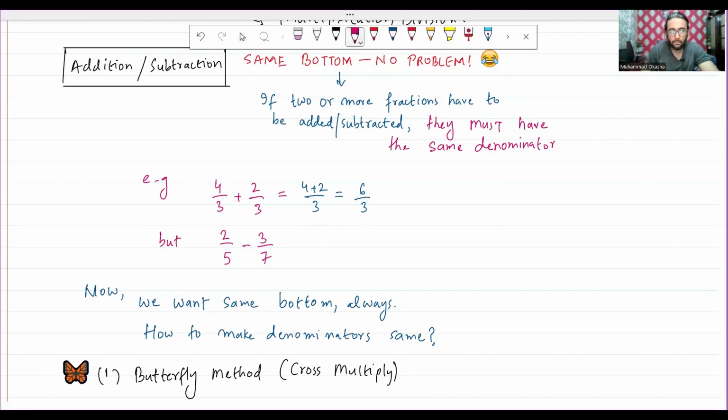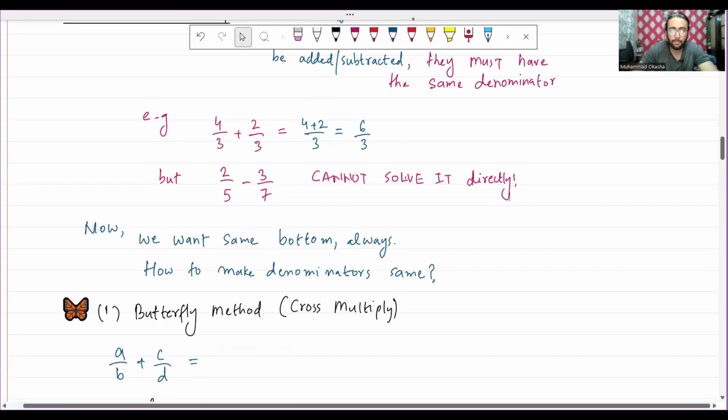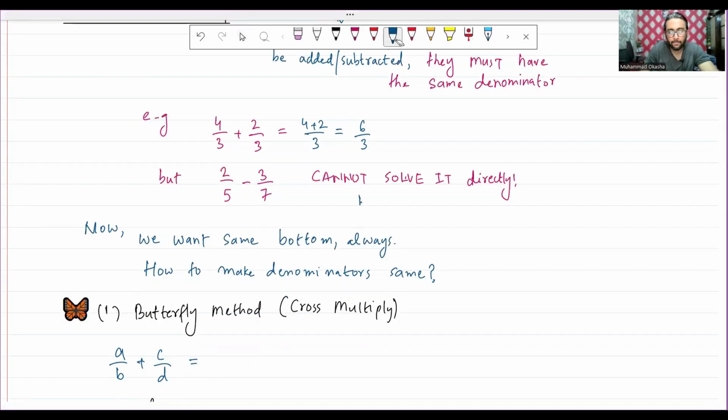But for now, I cannot solve it directly, because the denominators are not the same. These denominators are different.